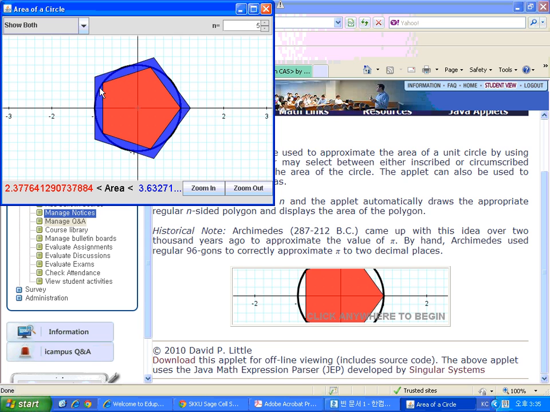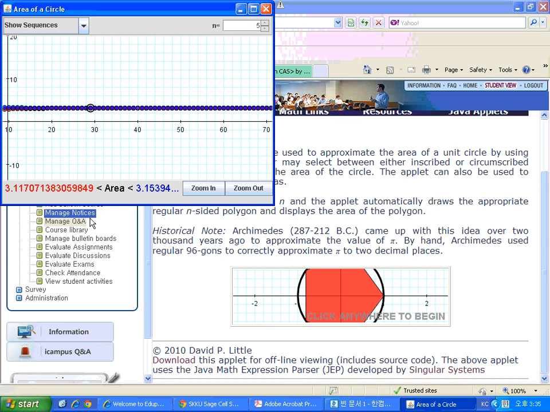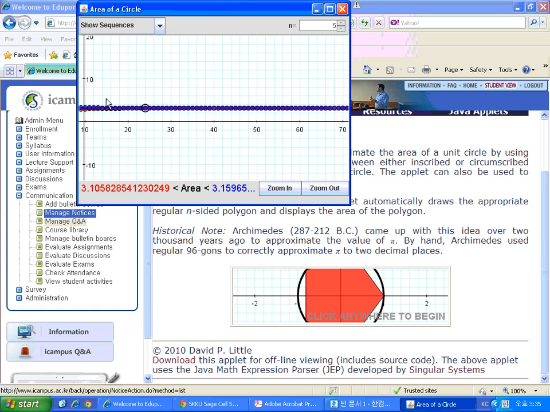In order to find the area of a circle, we can approximate it with polygons of increasing number of sides, and this area gets closer and closer, with zoom in and zoom out.